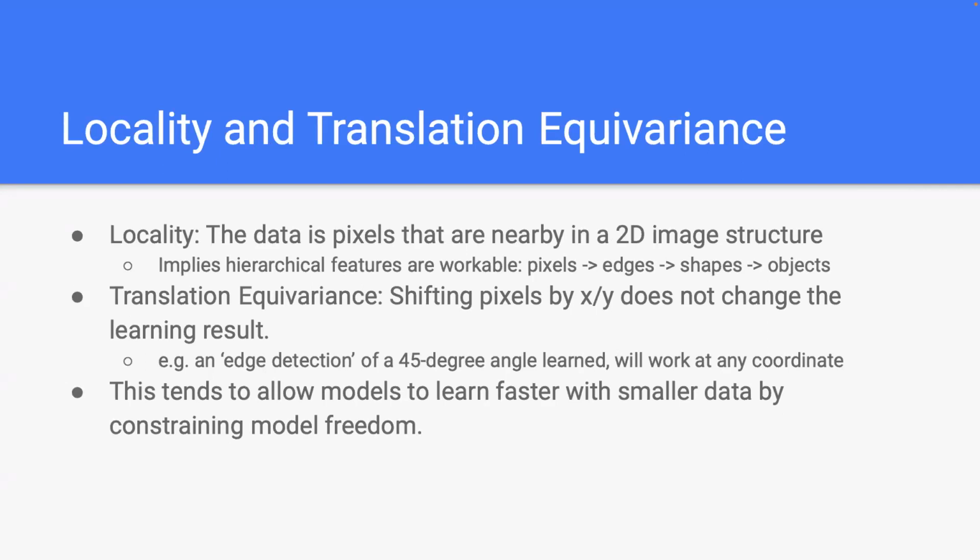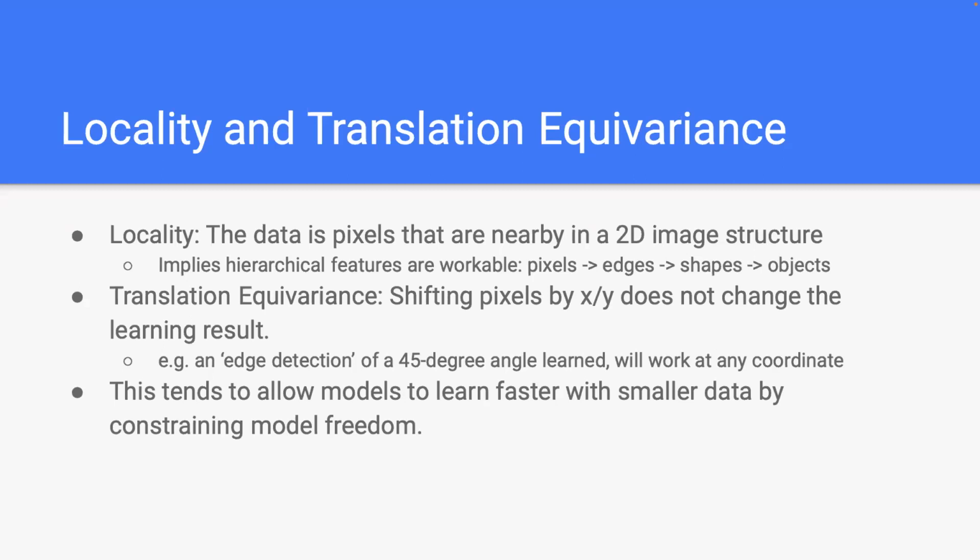What does locality mean? It means that pixels nearby in the input data have some relation. So maybe nearby pixels form edges. Nearby edges at a higher level form shapes. Two shapes that are nearby form objects, and so on, in a hierarchical fashion. A transformer doesn't assume that, but convolutional neural networks do.